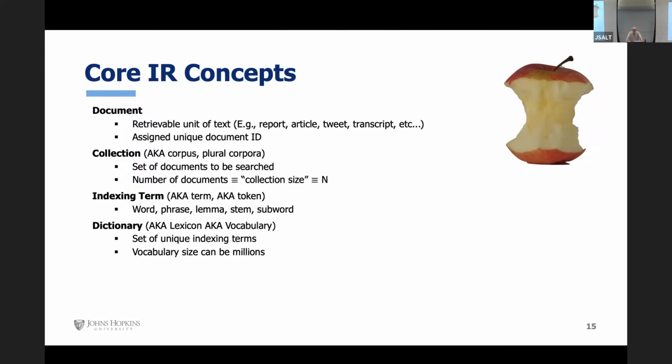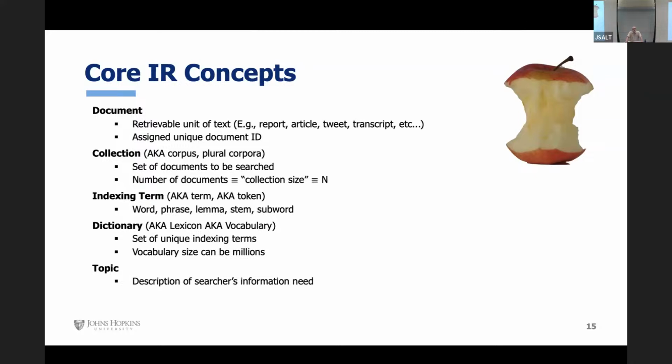If you're doing an English index, your dictionary is going to be a big set of English words. The number of words in your retrieval system can be in the millions. You're not going to have billions of terms, but you're going to have quite a few.